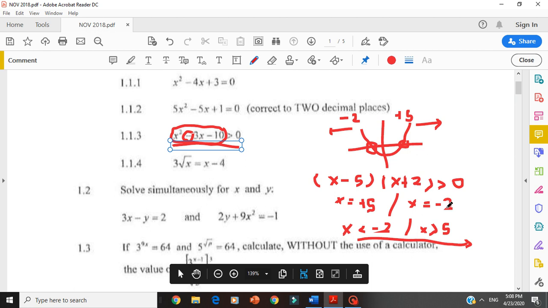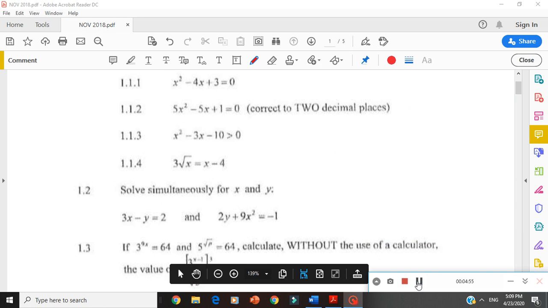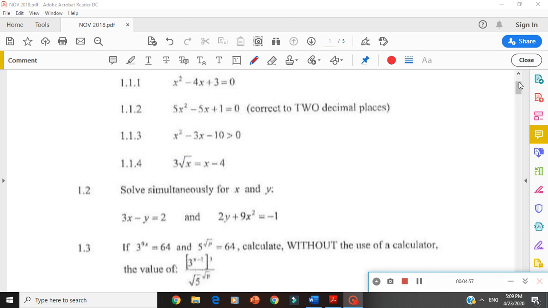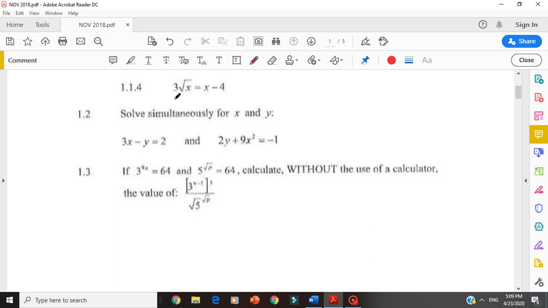Okay. Right. So moving on, we have an expression here for question 1.1.4 where you have a square root. What you're going to do here is square both the left hand side and the right hand side.